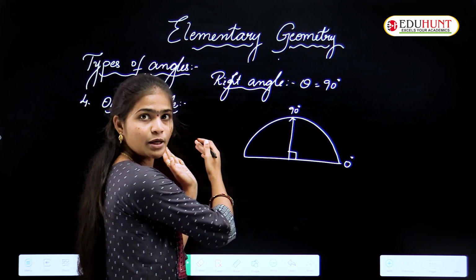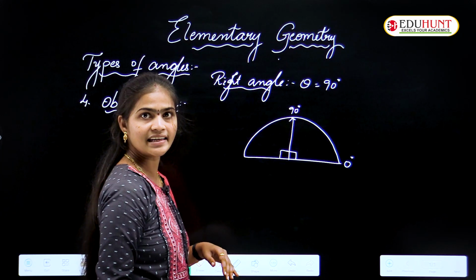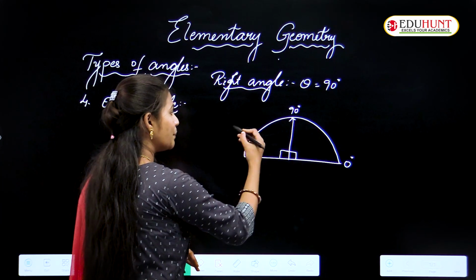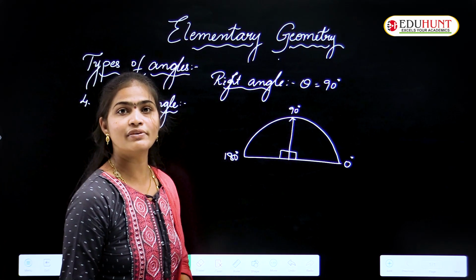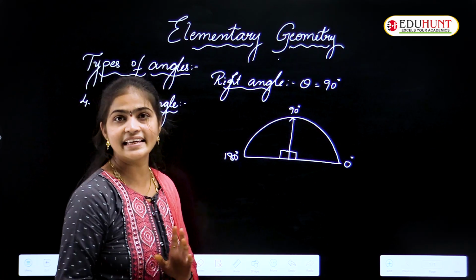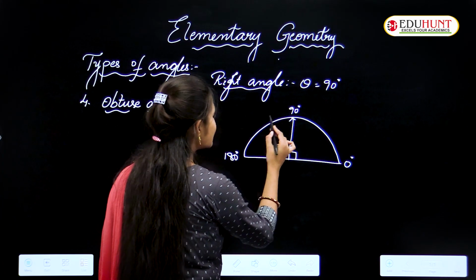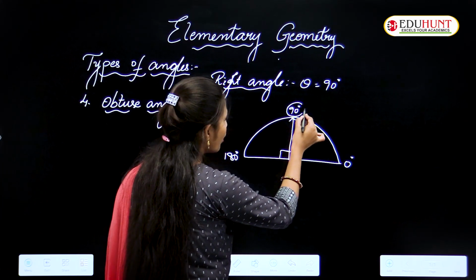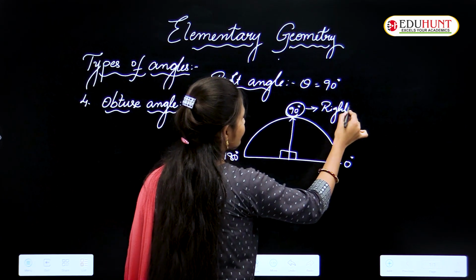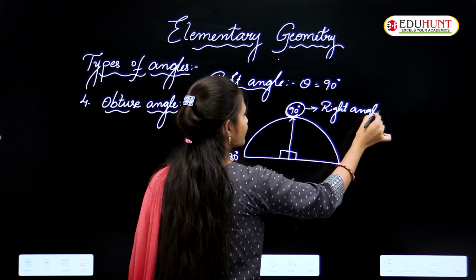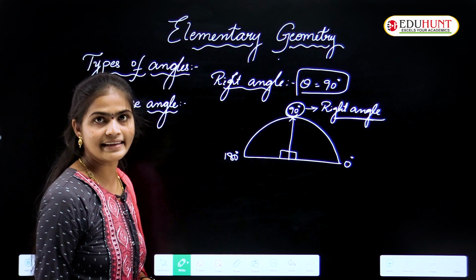The same exact part on the left side is also there, no? So this also measures 90 degrees. So 90 plus 90 is 180 degrees. In a protractor we can observe a total of 180 degrees. So this is 90 and this is 90. We will call this 90 degrees a right angle. So right angle measures theta equal to 90 degrees.